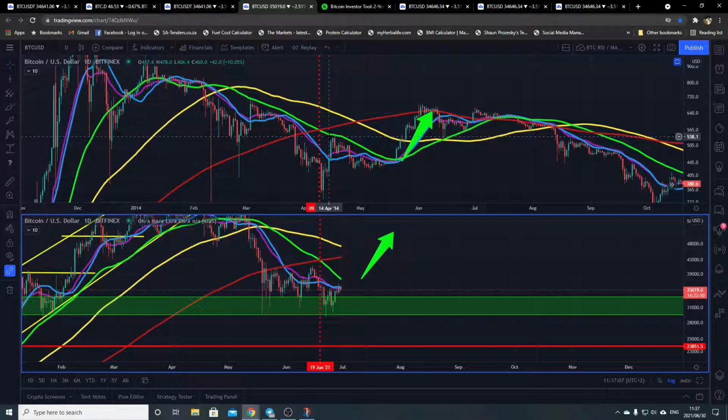What I'm seeing now is that in April 2014, we got a pump, because yes, the 21 EMA is above the 20 MA. That's a good sign. But unfortunately, we got the resistance there, which is the 50-day moving average.